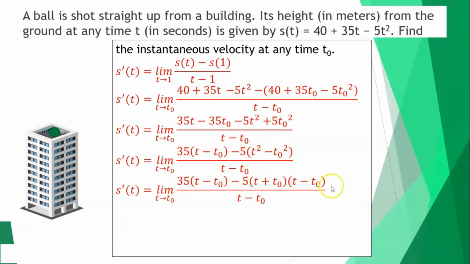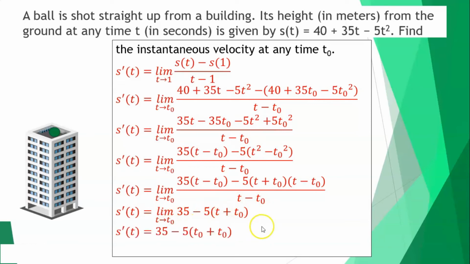Dividing the entire expression by t minus t₀, we will end up with 35 minus 5 times t plus t₀ as t approaches t₀. Now substitute t by t₀, so we will have 35 minus 5 times t₀ plus t₀, that would become 2t₀, times 5. So we will have 35 minus 10 t₀.